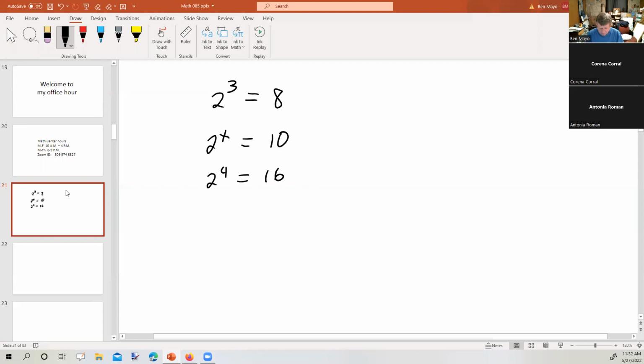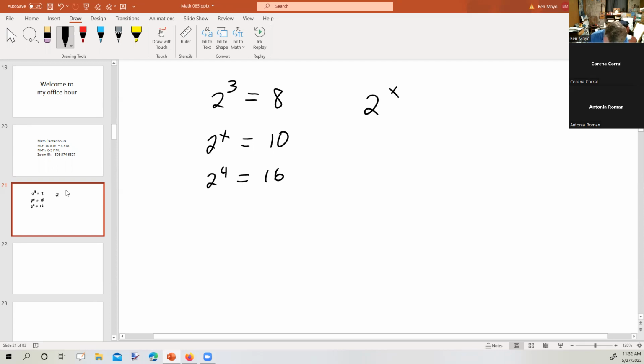Hopefully you would see that it must be some number between 3 and 4, 3 point something. I suppose through trial and error, you could take 2 raised to the 3.1 power, 2 raised to the 3.2 power, 2 raised to the 3.3 power, on and on, and through time you could get closer and closer to an exact answer. But that's not a very efficient way of doing things.